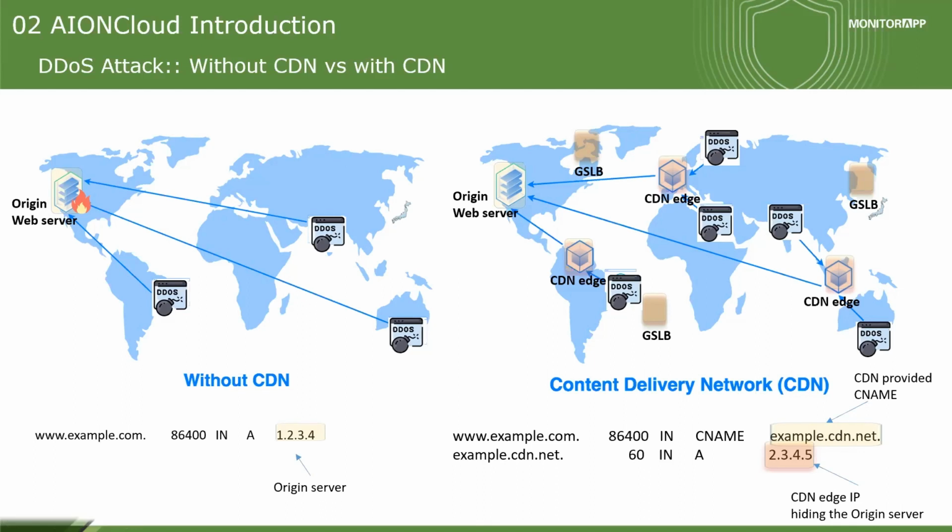So the DDoS traffic will be distributed to each CDN edge. And as I mentioned, the DDoS traffic is the abnormal one. The traffic will be blocked from the CDN edge. Only valid HTTP or HTTPS traffic will go through to the origin web server.